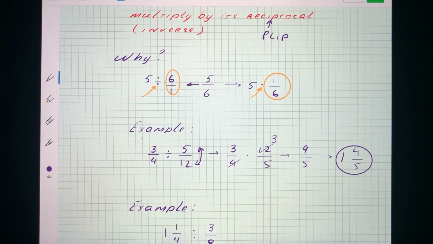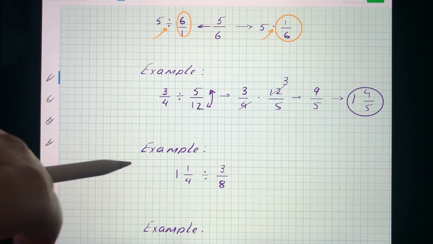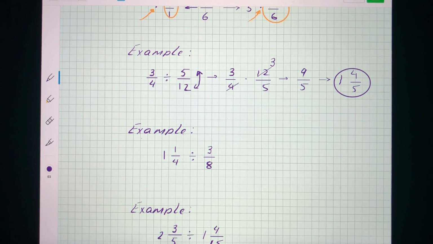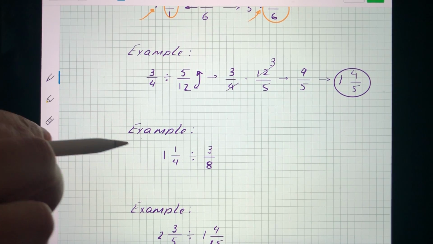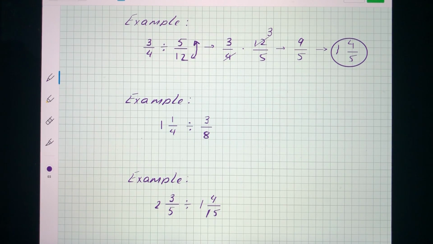Now let's look at another example. Here we have one mixed number divided by a proper fraction. The first thing we do is convert the mixed number into an improper fraction. To do this, we multiply 1 times 4 by the denominator and add that number to the top. 1 times 4 is 4, plus 1 makes 5, so we have 5 divided by 4.